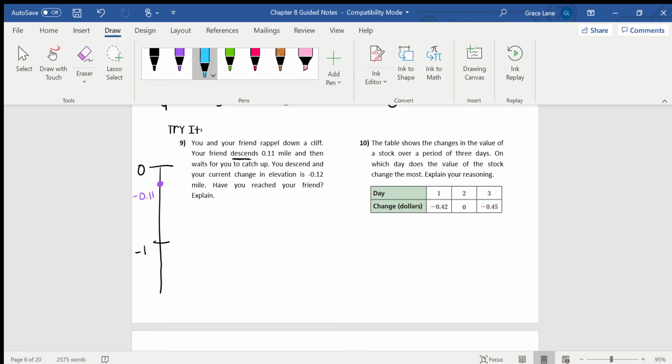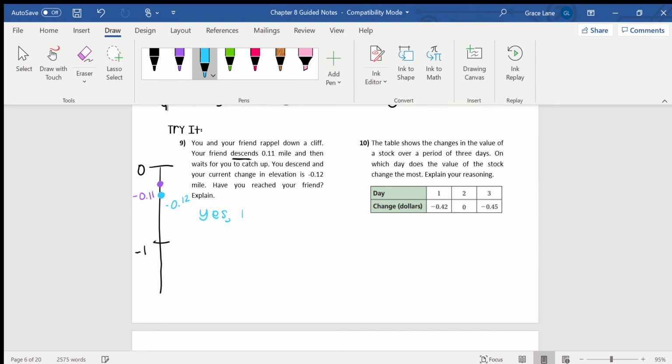And if I think as I'm going toward negative 1, your decimal, it looks like the numbers itself are getting bigger, but 0.12 would be a little bit past that. And so have you reached your friend? Yes.